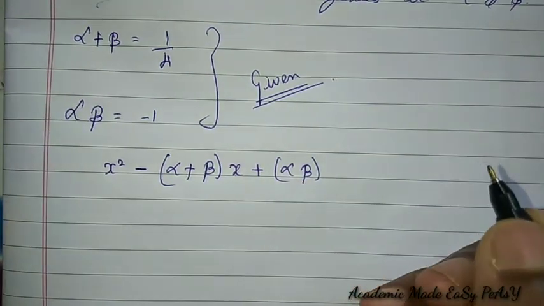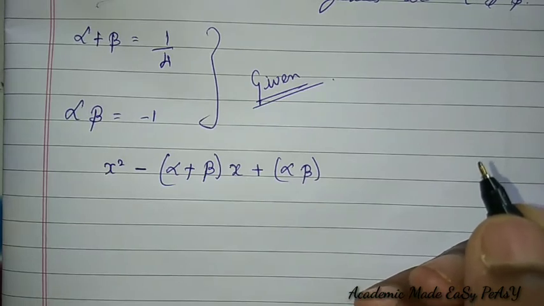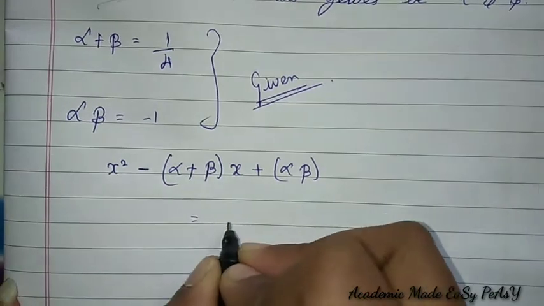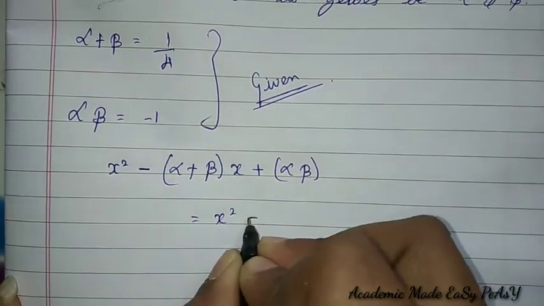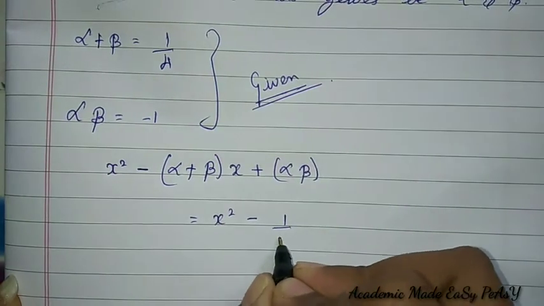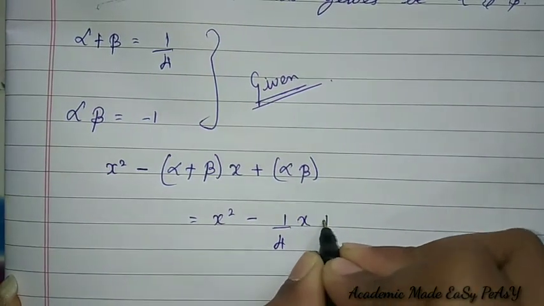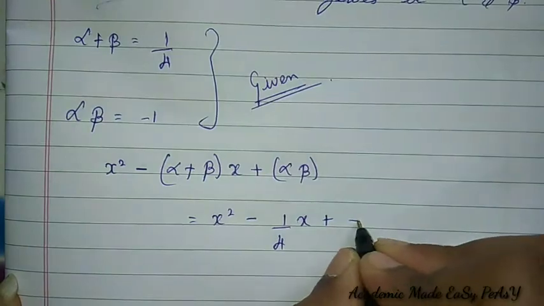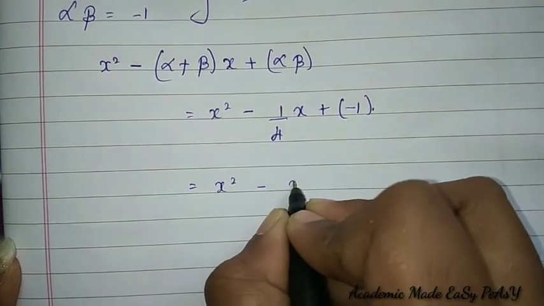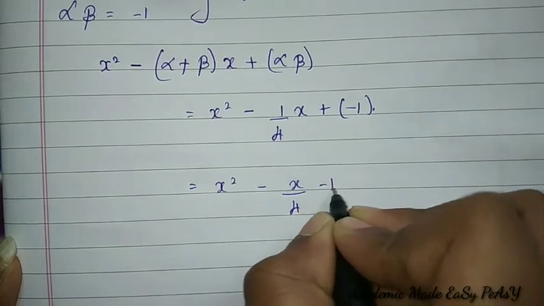This will be the general form to find the quadratic polynomial. So x square as it is, minus alpha plus beta, which is 1 by 4, into x, plus alpha into beta, which is minus 1. X square minus x by 4 minus 1.